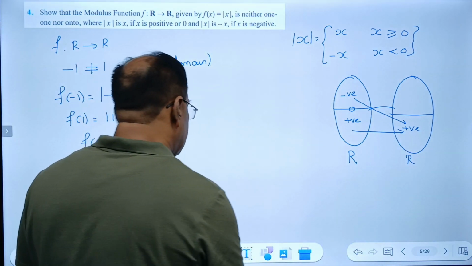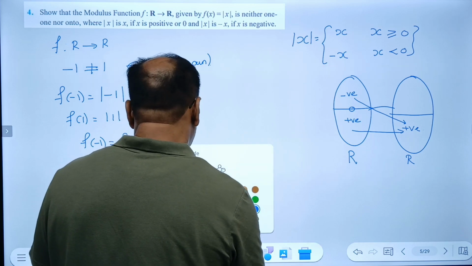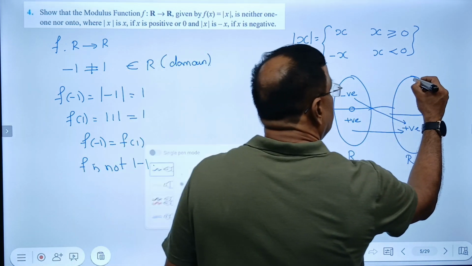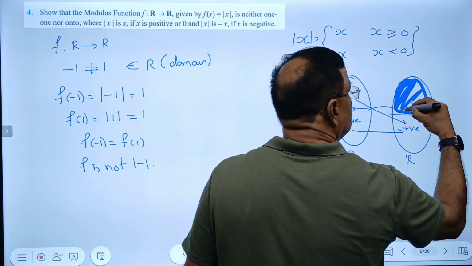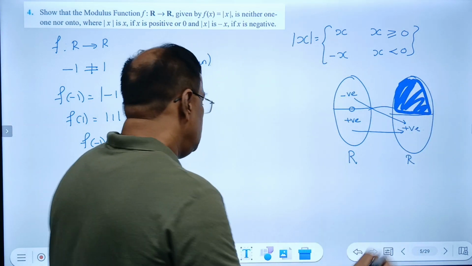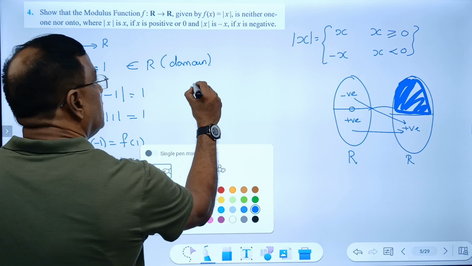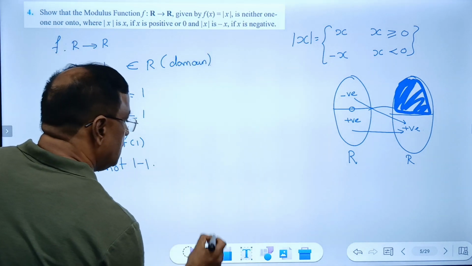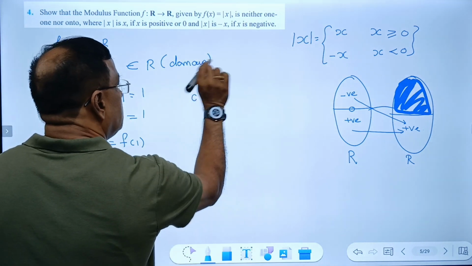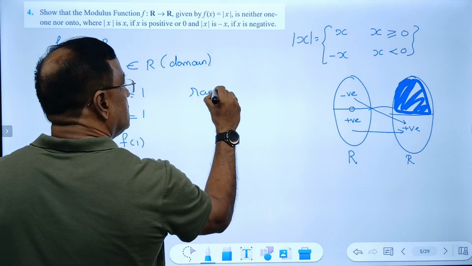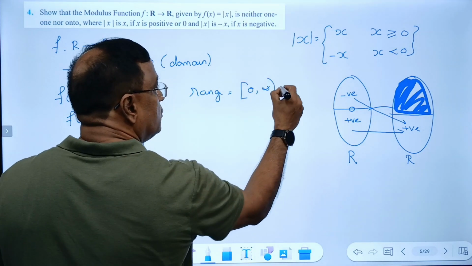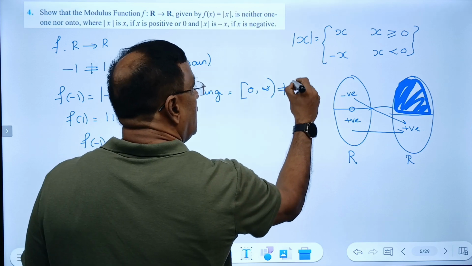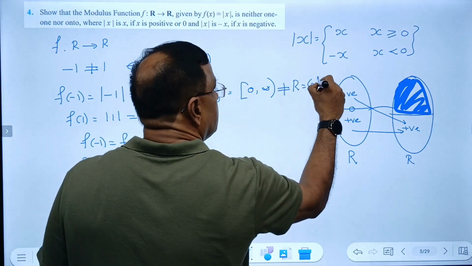That means this particular region, the negative numbers, is not at all used. This region is not used at all. Okay. So my range is all positive real numbers including 0, which is not equal to R, which is the codomain.